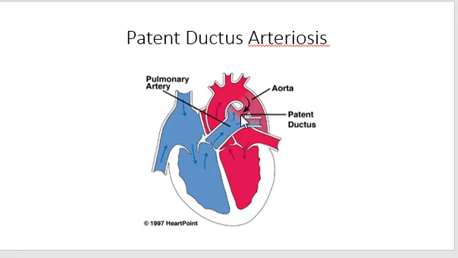And the reason why it's there is because we bypass the lungs in fetal circulation because the lungs are full of fluid. So there has to be a way to oxygenate the tissue. So this little ductus arteriosus is there for that reason.